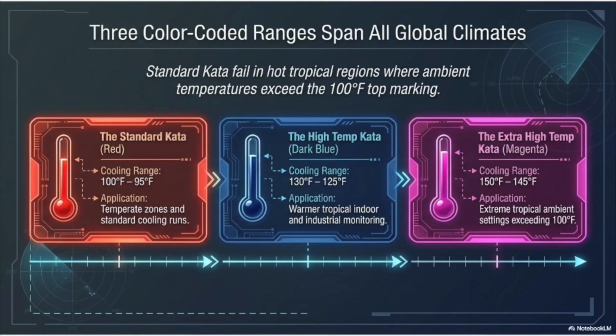The high temperature kata, marked in dark blue, covers a range of 130 to 125 degrees Fahrenheit, suited for warmer tropical indoor and industrial monitoring. And the extra high temperature kata, marked in magenta, covers a range of 150 to 145 degrees Fahrenheit, designed for extreme tropical ambient settings exceeding 100 degrees Fahrenheit.